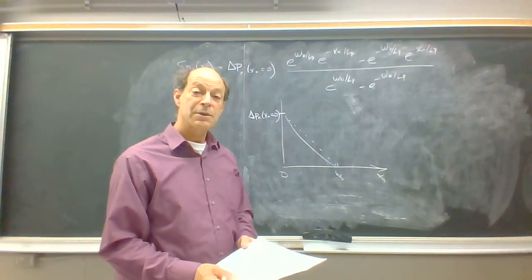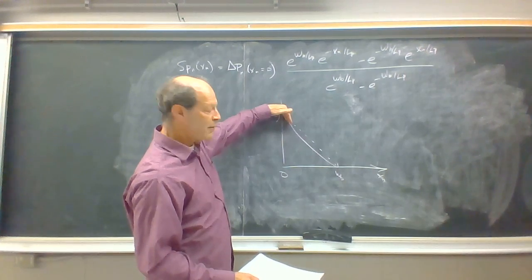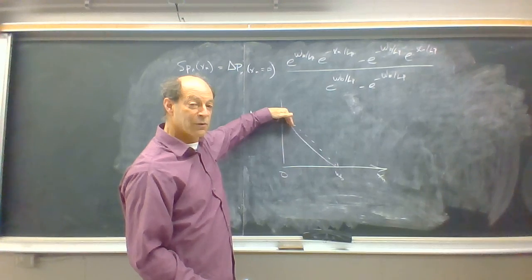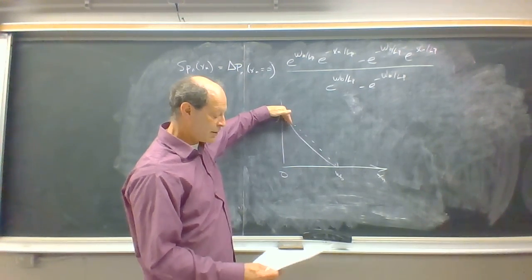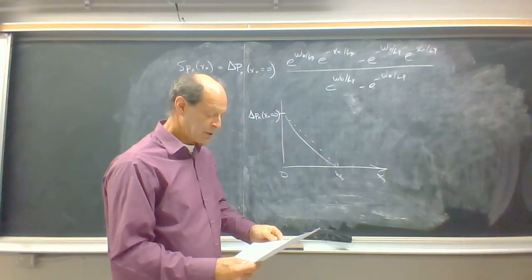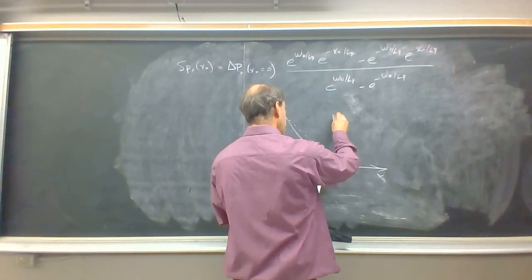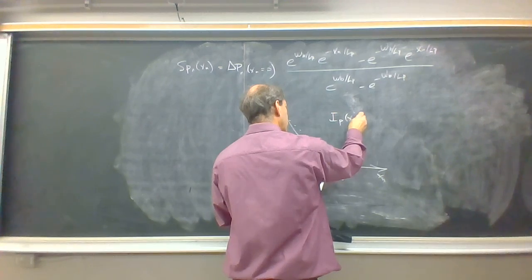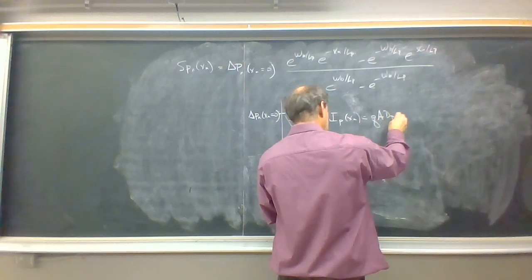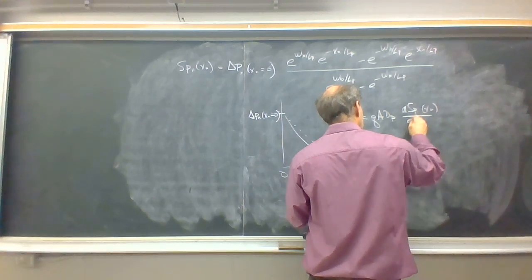So as we did in the p-n junction diode, we can calculate currents by taking the slope of this line and putting that slope into the expression for diffusion current. So the expression for diffusion current, IP of xn equals q A Dp d delta p of xn by dxn.